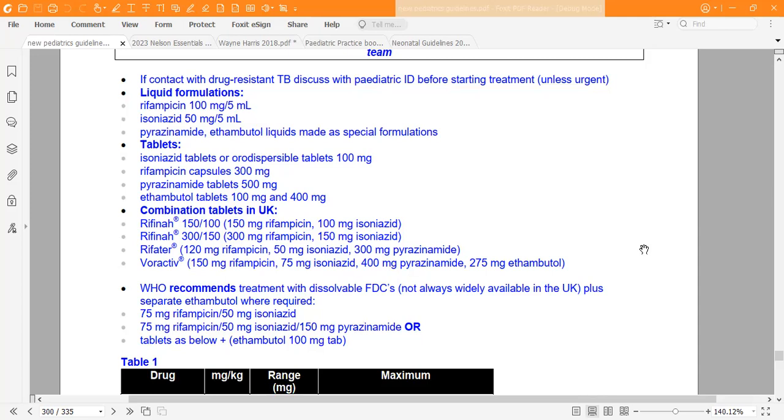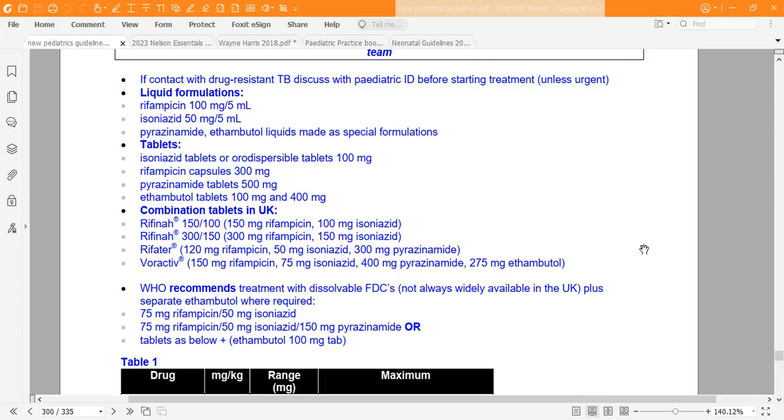So the first one is 150 and 100, and the second combination, which is a bit stronger, is 300 and 150. Then Rifater, which is rifampicin, isoniazid, and pyrazinamide, with concentrations of about 120, 50, and 300 for pyrazinamide.